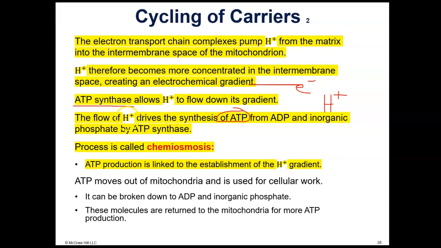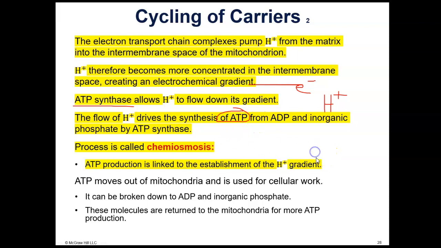And the flow of those charged hydrogen ions releases the energy that's needed to produce the ATP. All of that I just described is called chemiosmosis. It's ATP production that is linked to the establishment of the hydrogen ion gradient. And what establishes that gradient is the flow of electrons down the electron transport chain.